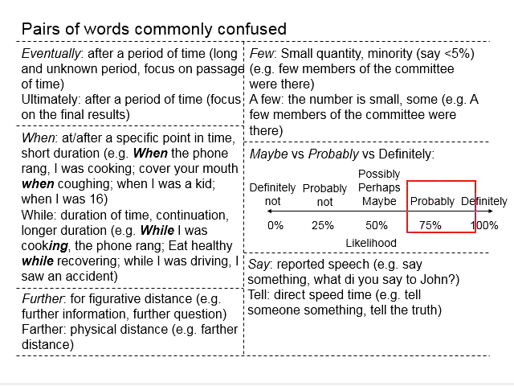Now probably would be somewhere in between this 50% and 100%. It means that it has a higher chance than possibly, but a lower chance than definitely. That means you have a higher degree of confidence in terms of the likelihood.